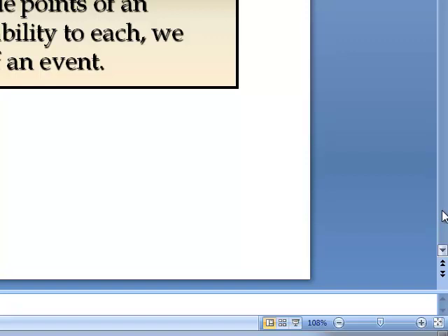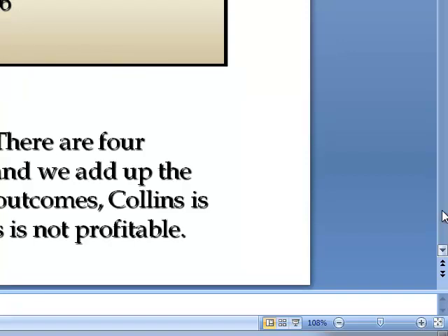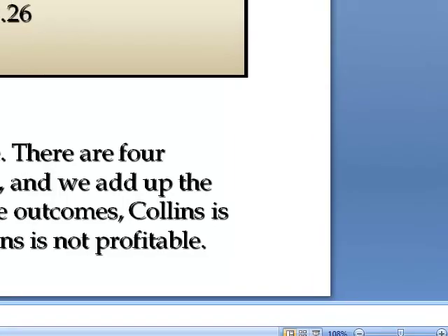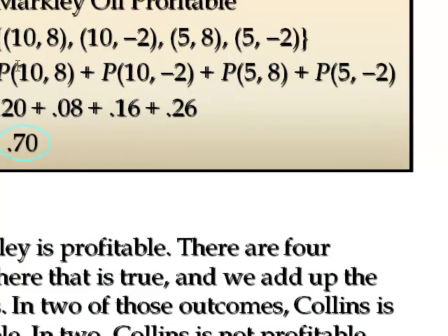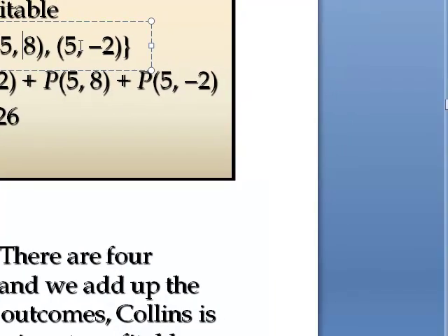Let us consider this more concretely. What is the event that Markley oil will be profitable? It will be just all those sample points where Markley has positive profits. So remember, it will be 10, 10, 5, and 5, if you will remember this from the tree diagram.